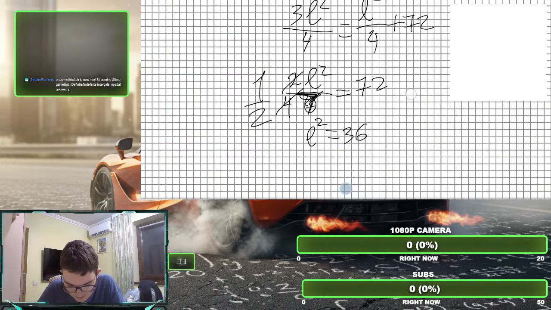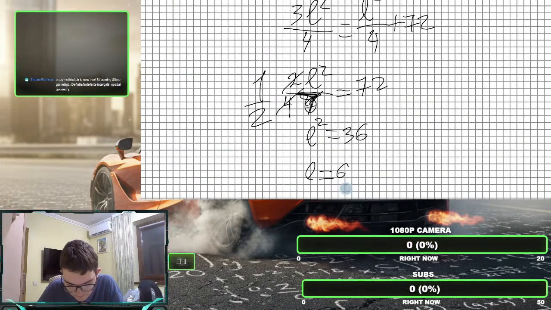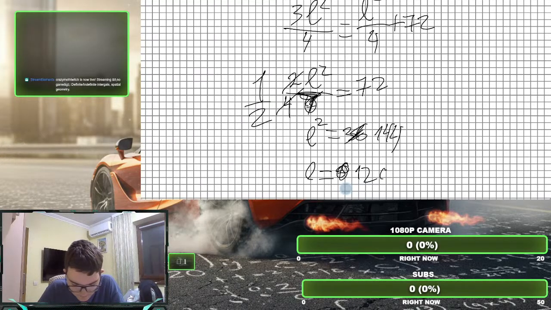So 1 divided by 2, L to the second power, equal with 72. So 1 is gonna be moved there, it's gonna be divided, so it'll be 144. So L is 12 centimeters.